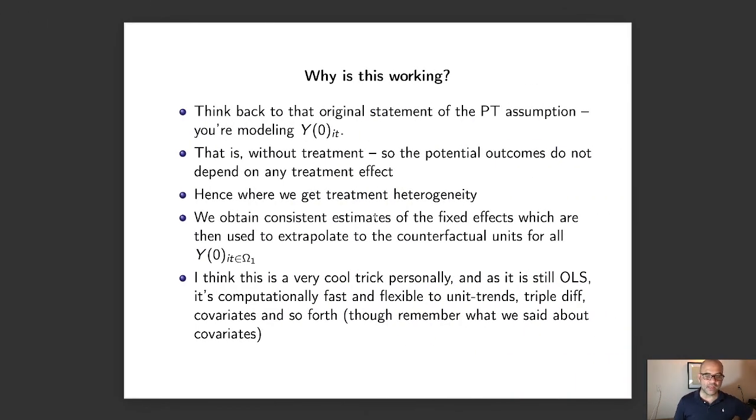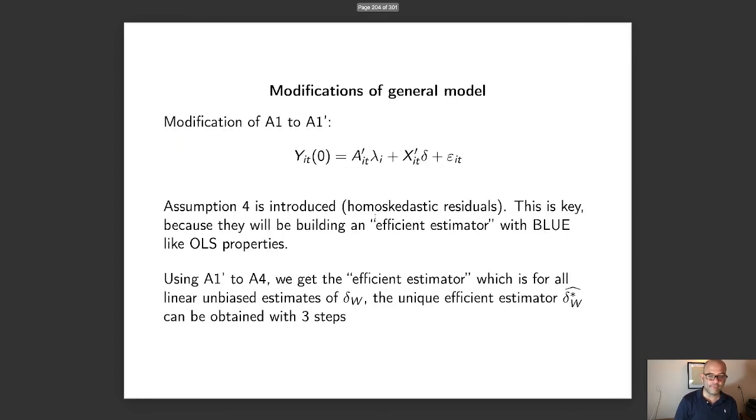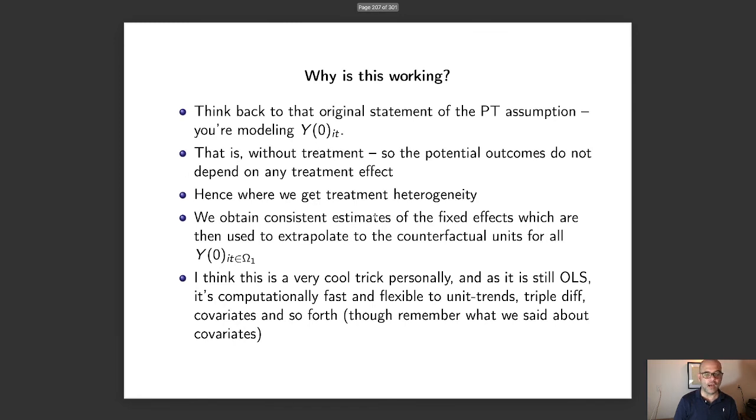So we're going to obtain consistent estimates of the fixed effects, which under parallel trends will be consistent if we assume this two-way fixed effects model. We can get consistent estimates of the fixed effects, and then use that to model the missing counterfactuals for each unit, because they all follow the same trend.